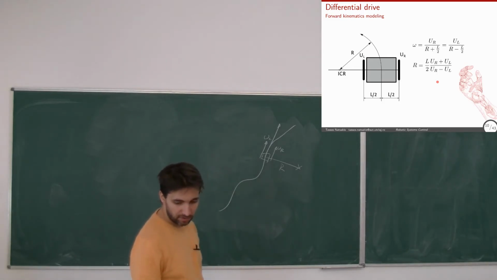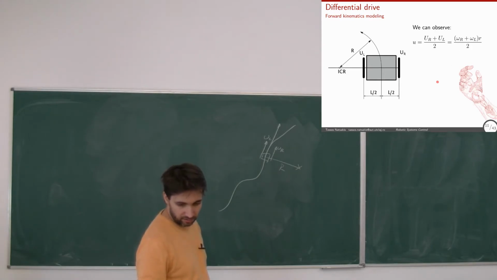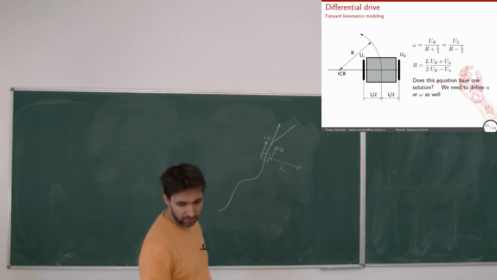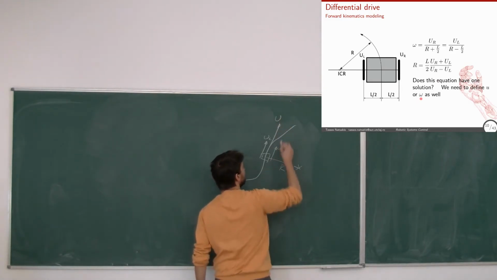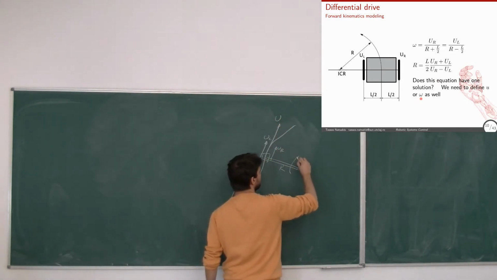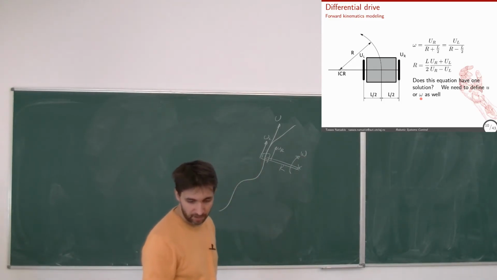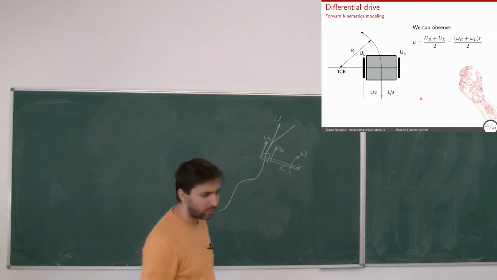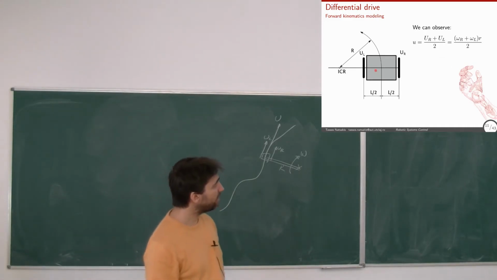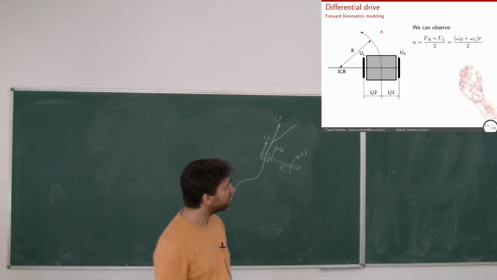We need to define omega or u as well. Well, u is the linear velocity and omega is the angular velocity around this point. Basically, what we can see is that the linear velocity will be equal to what? We say here UL and UR over 2.